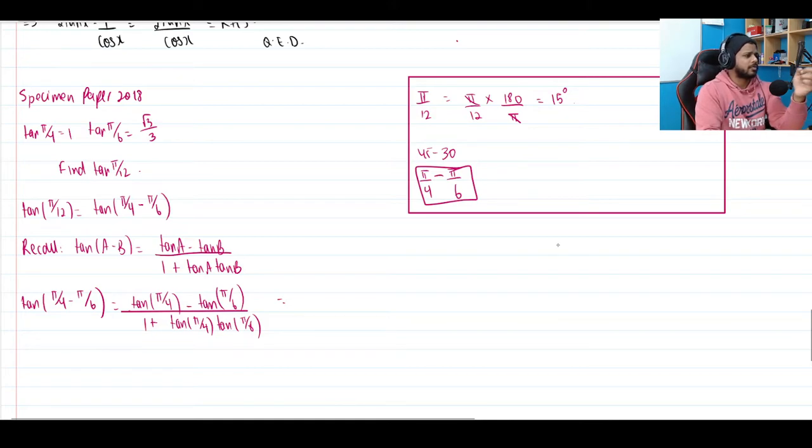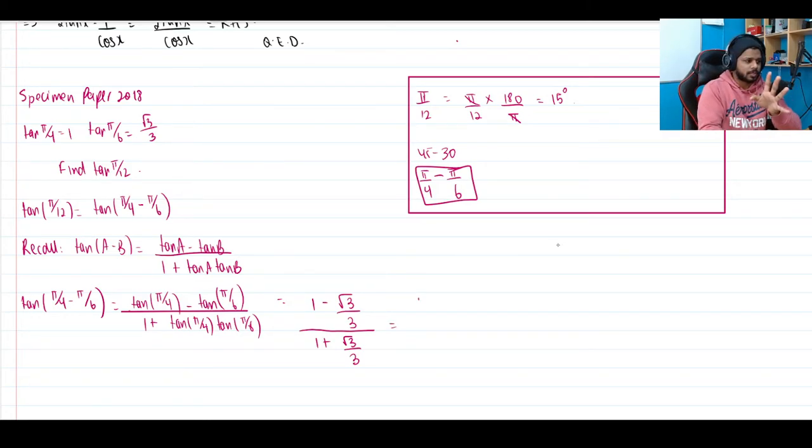Tan of pi on 4 in the information is 1. Tan of pi on 6 is root 3 over 3. So 1 minus root 3 over 3, use your lines, all over 1 plus 1 multiplied by root 3 over 3. This is me using my shortcut. This is 1 over 1. This is 1 over 1.